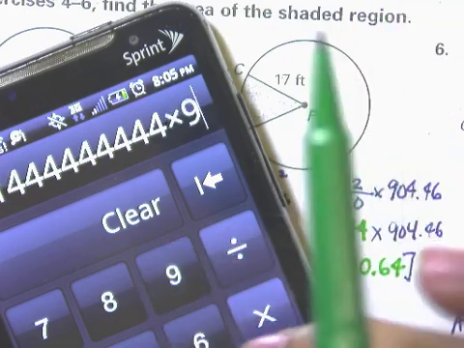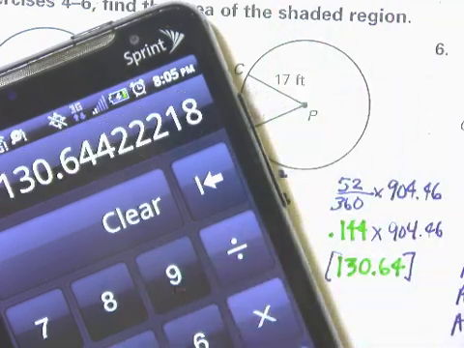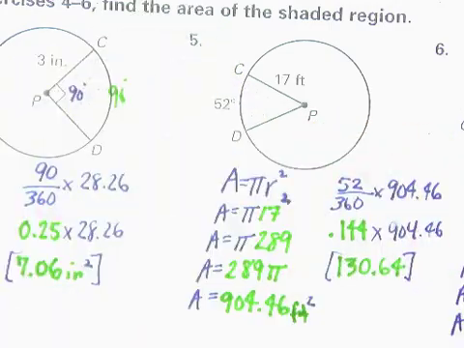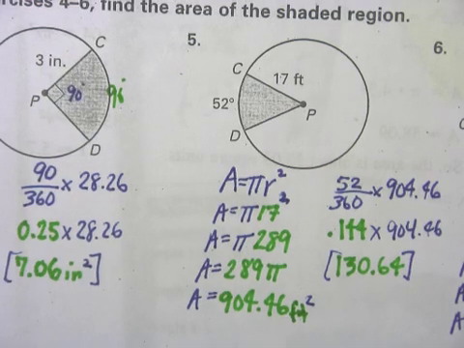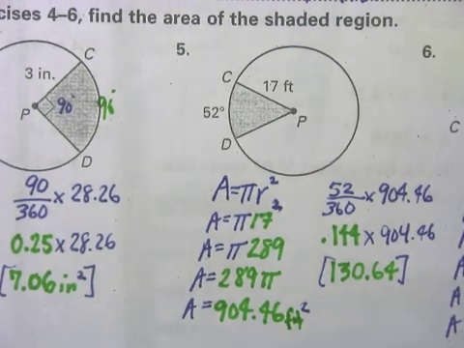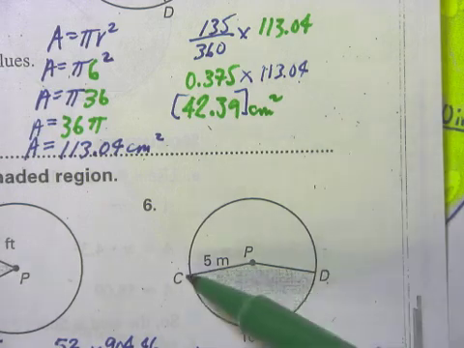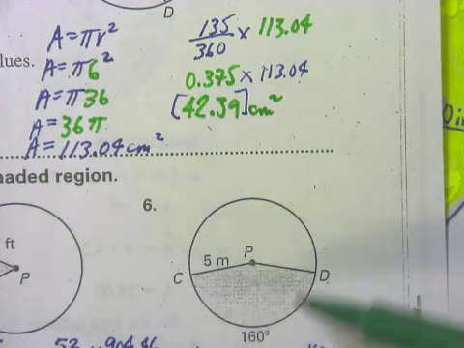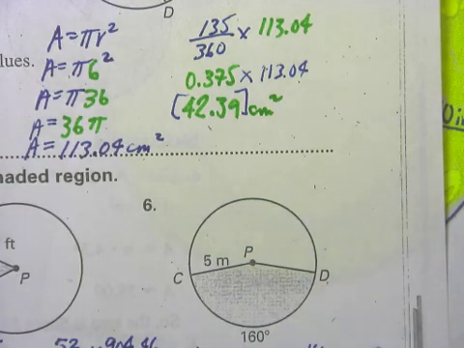And I'm going to multiply that times the entire area of the circle, 904.46, and that's going to give me 130.64. So the area of this little sector right here is 130.64. Let's try another one together.